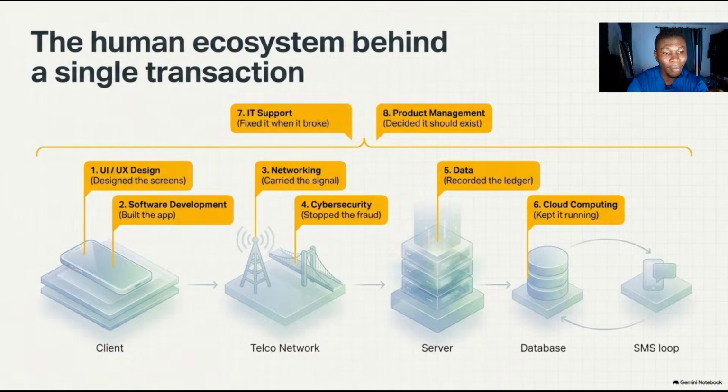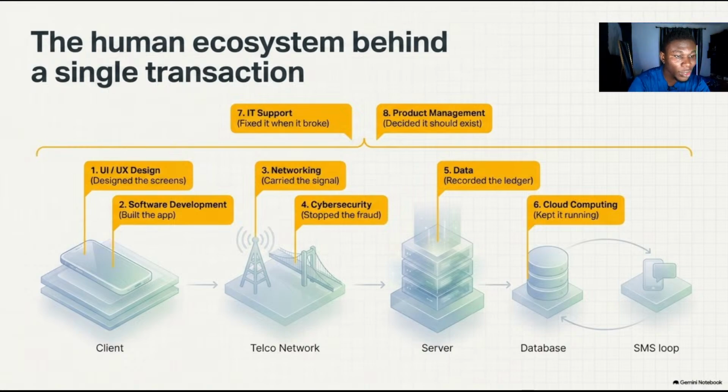And then networking carried the information, whatever you clicked on, to the data center or the server, where even the database is sitting. So you see, it's just one mobile money transfer you are sending, but right now, we've passed through 5 different IT fields. And then I explained that sometimes the server is not sitting in someone's house.